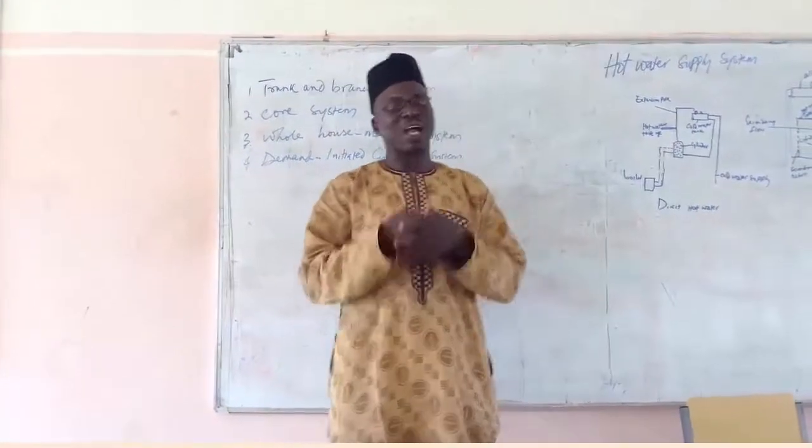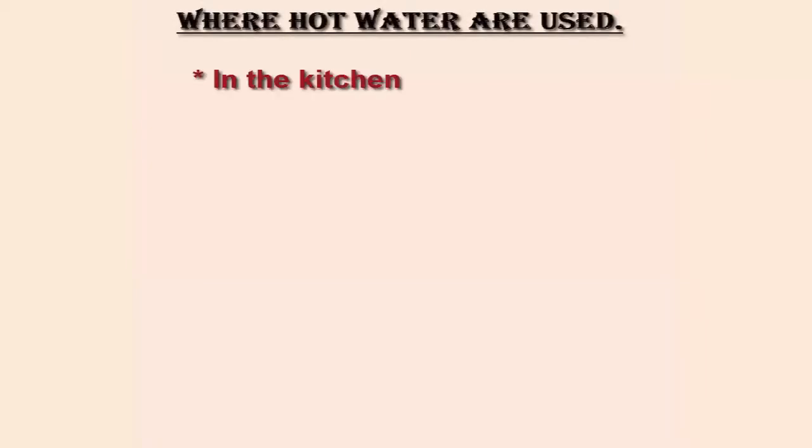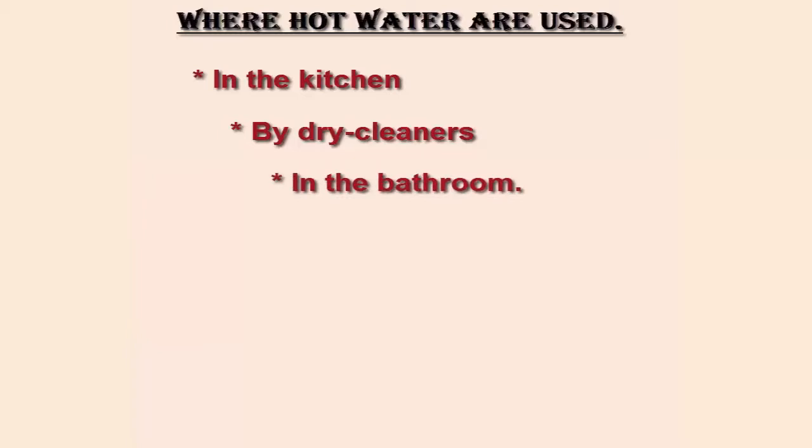Also, when we ask, what do we need hot water for? In the kitchen, we need hot water. Dry cleaners need hot water. Also, in our bathroom, we need hot water.